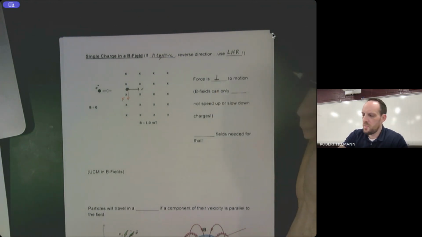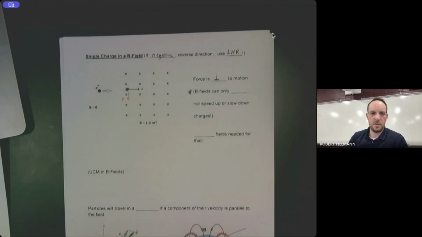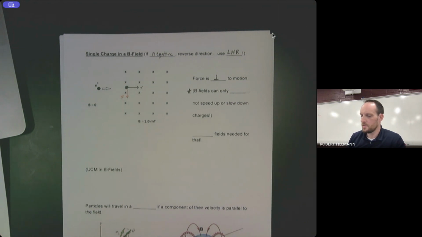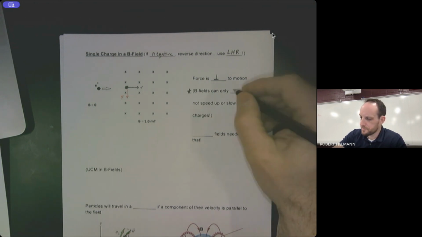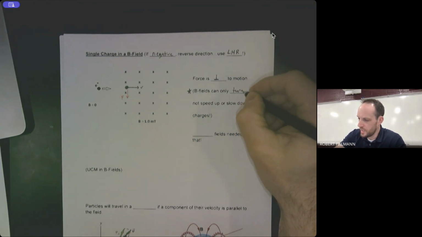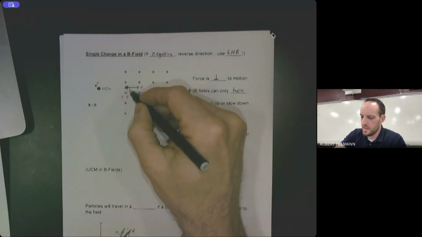So there's a very important takeaway here. Think about how magnetic fields affect charges versus how electric fields affect charges. A magnetic field, or a B field, can only turn or change the direction of a charge. It's always going to act perpendicular to the motion.